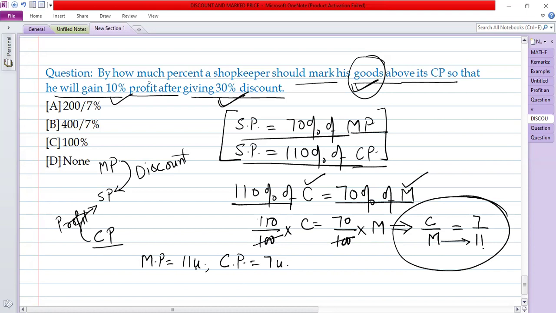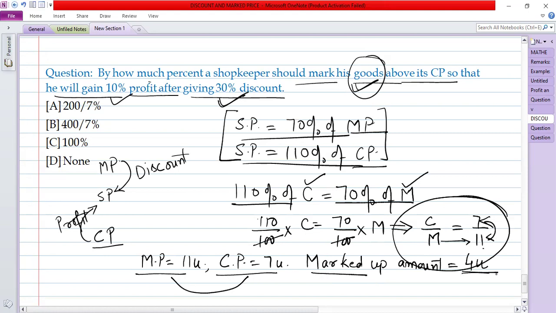Okay. So if the marked price is 11 units and the cost price is 7 units, then obviously the difference between these two is the marked up amount. Okay. So what is the marked up amount? It is 4 units. It means the price of the item is being marked up by 4 units.